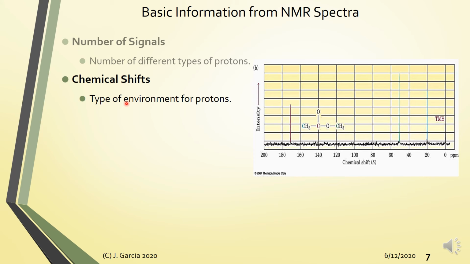Dito makikita whether shielded or deshielded yung particular nuclei na exhibiting that signal sa NMR. So again, the more deshielded the nuclei is because of the influence of electronegative neighboring atoms, the more downfield the signal will be, so mas sa kaliwa ng NMR spectra.